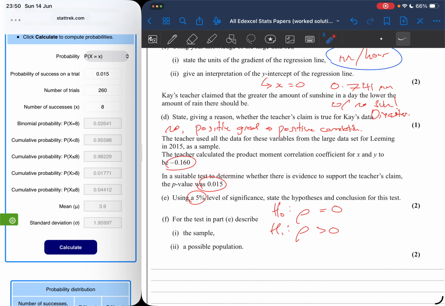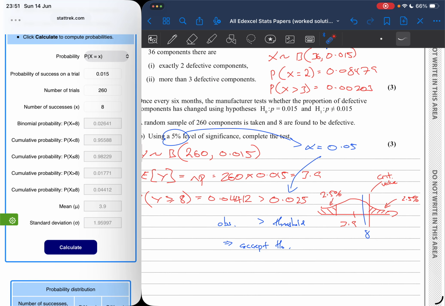What this represents is the random chance again: a 1.5% chance of any two random variables having a correlation of 0.160, whether it's positive or negative, doesn't matter. But there's only a 1.5% chance of it being that just randomly. Our threshold for randomness was 5% again. So it's the same thing happening.